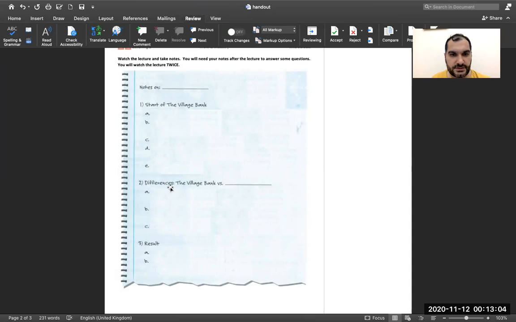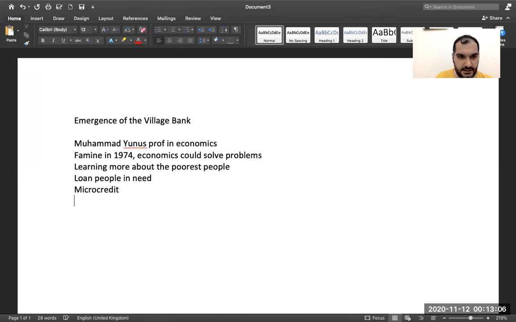Let's see the differences in the village bank. The first difference, you see, it gives loans to the poor. Unlike traditional banks, they don't give loans to the rich, but they give loans to the poor.